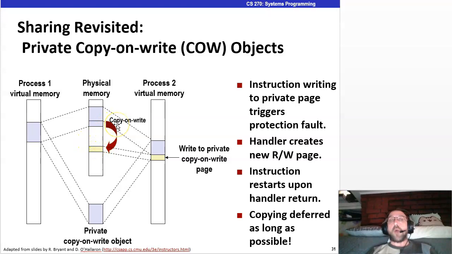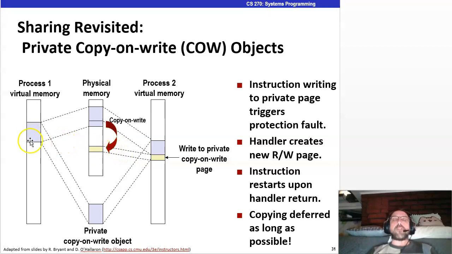Even though it's read only as far as the memory management hardware is concerned, it's actually copy on write. So the operating system, rather than doing the usual thing about I'm writing to a non-writable page, so instead of terminating the program, instead the operating system makes a copy of that physical page and updates that process's page table to point to that copy.